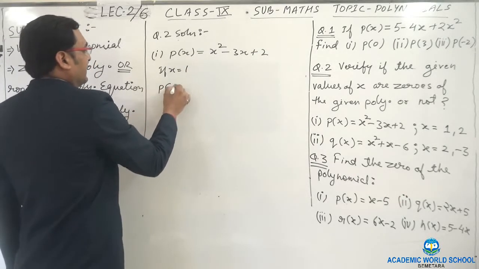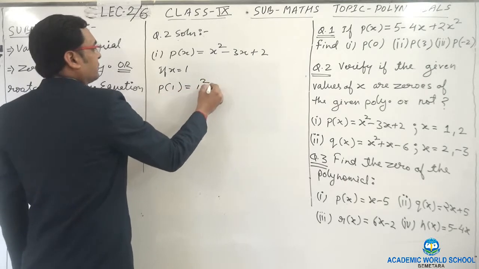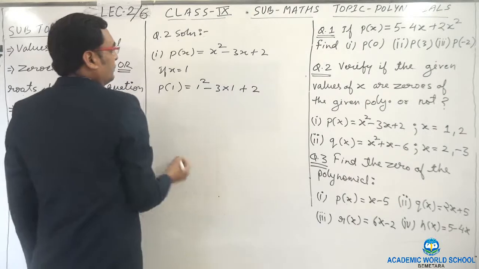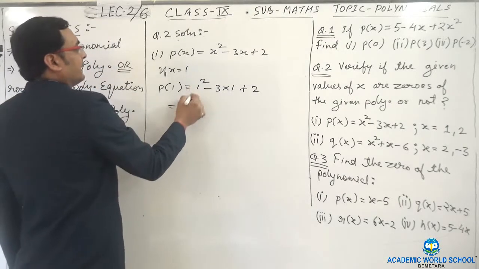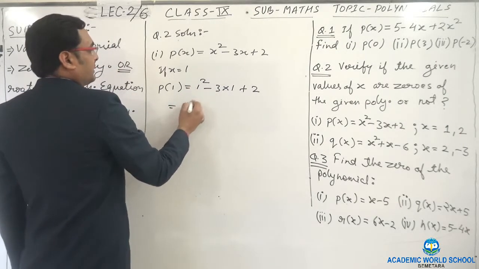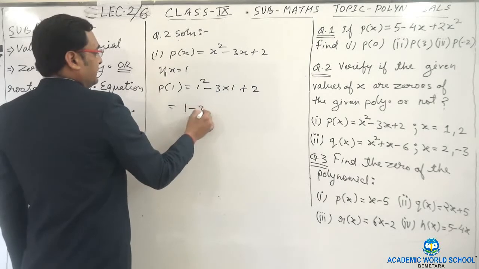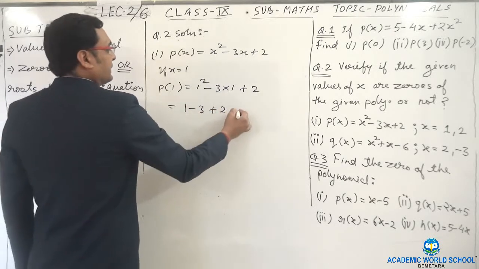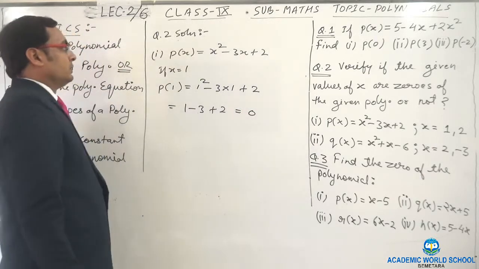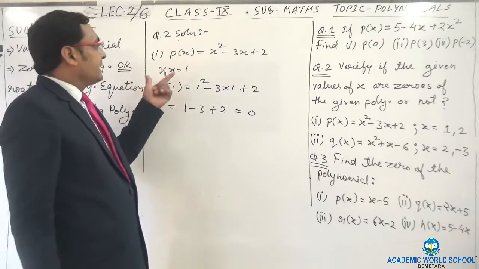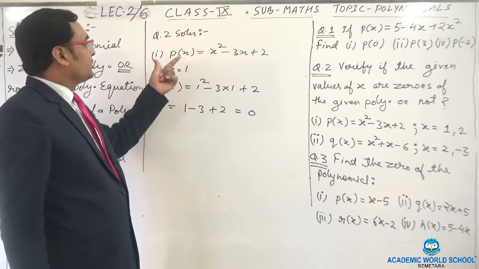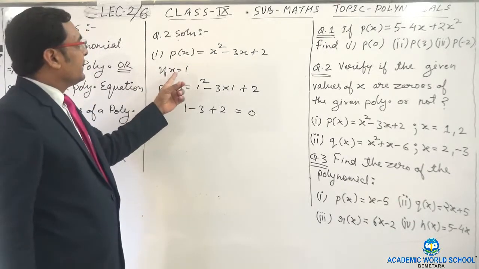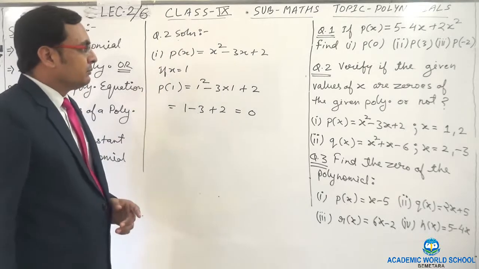So p(1) is equal to 1 square minus 3 into 1 plus 2. Solve this. 1 square is 1, minus 3 into 1 is minus 3, plus 2. 1 plus 2 is 3, 3 minus 3 is equal to 0. So at x is equal to 1, the value of this polynomial is equal to 0. So this value of x is the zero of this polynomial.